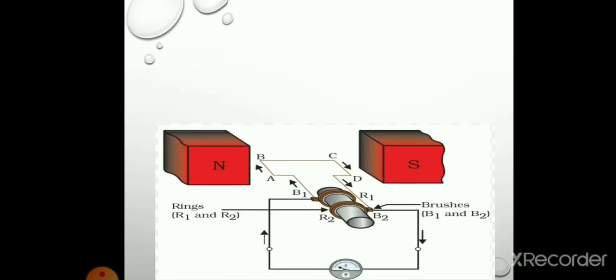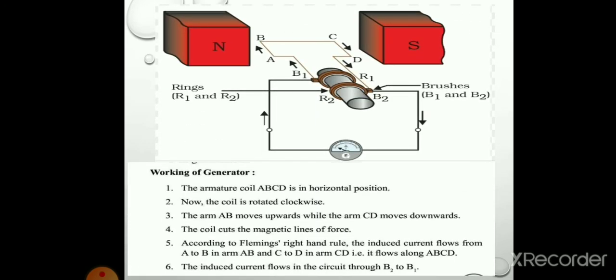Now let us see the working of the electric generator. Suppose the axle is rotated clockwise. Now the coil is rotated in the clockwise direction. When the coil is rotated clockwise, side AB of the coil moves up and side CD moves down.